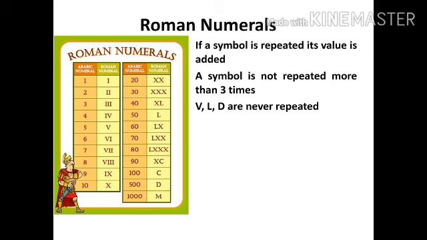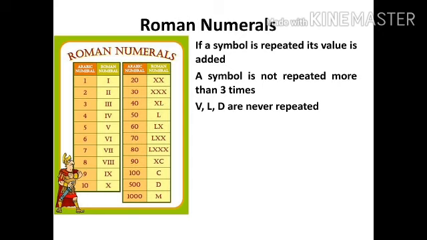Here in the picture, you can see the Roman numbers for some of the Hindu Arabic numbers. Some of the numbers are represented by only one letter, while some are represented as a combination of letters.